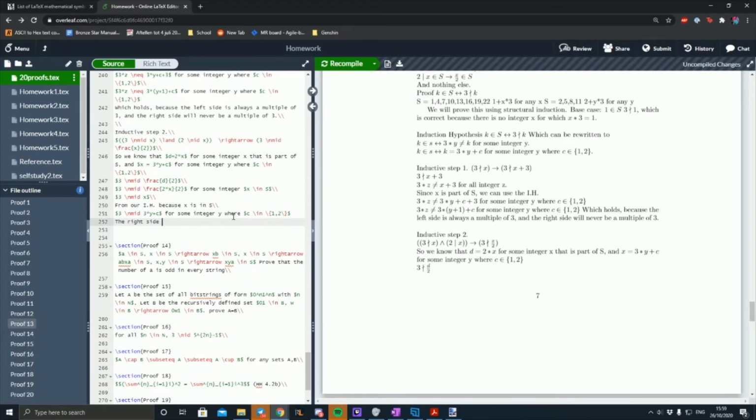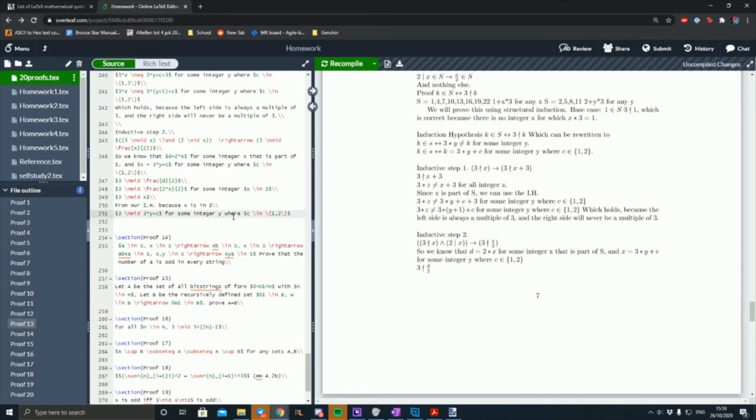The right side is 3 and the left, I'm literally dumb. Left side is 3 and the right side will never be 3. I don't think we can make a statement here yet. Oh no, because it's still in the form of n mid.